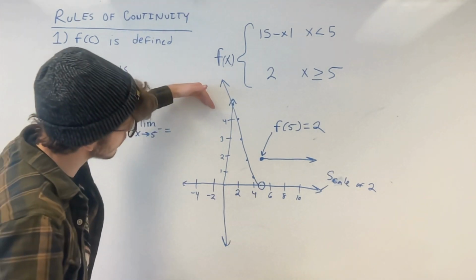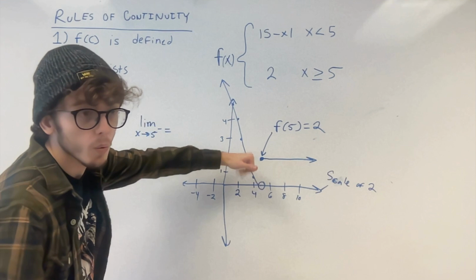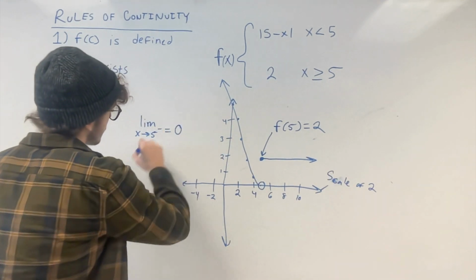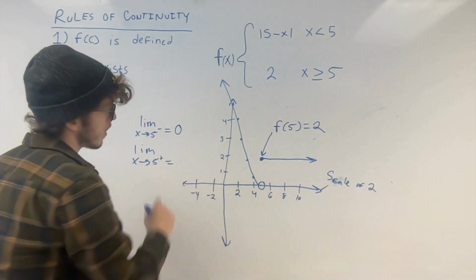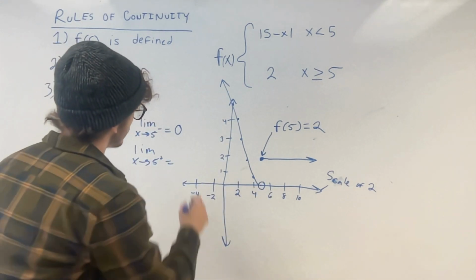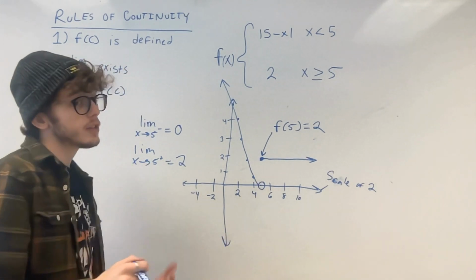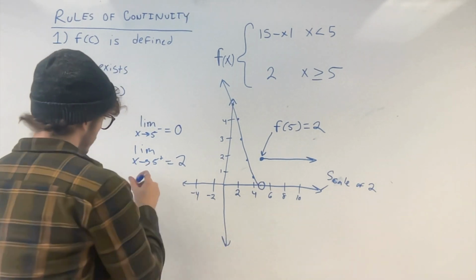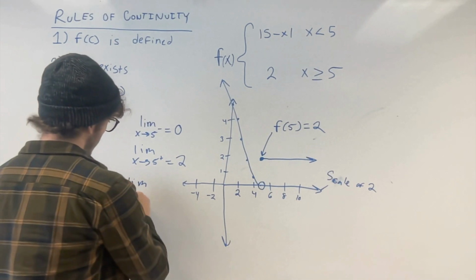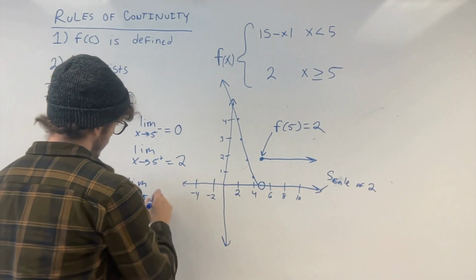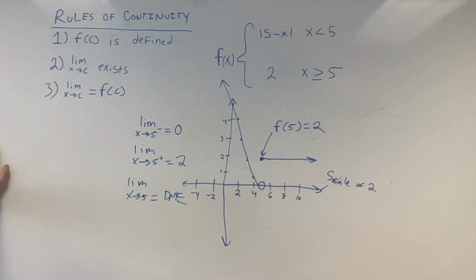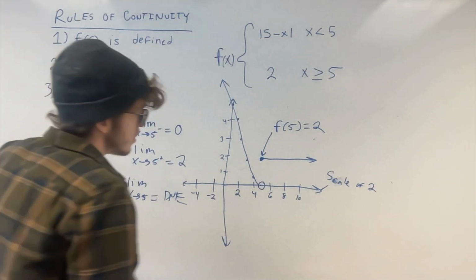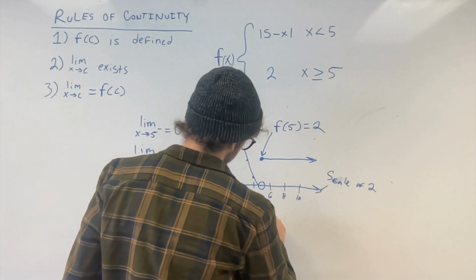As we approach from the left, we're approaching 0. And what about from the right? We approach from the right, we approach 2. So here the limit does not exist. The limit as x approaches 5 does not exist. And when the limit does not exist, by our rules of continuity, we say that there is jump discontinuity.